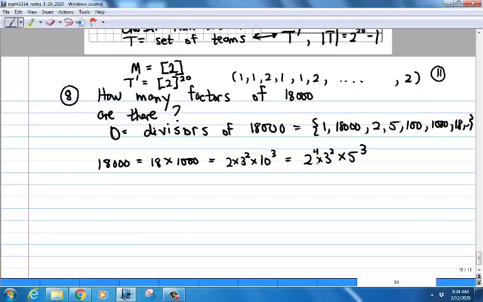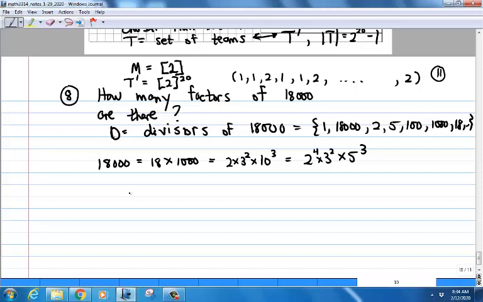Dawson says to focus on the exponents in this prime factorization, and then do what with them? Oh, yeah, just change the exponents.